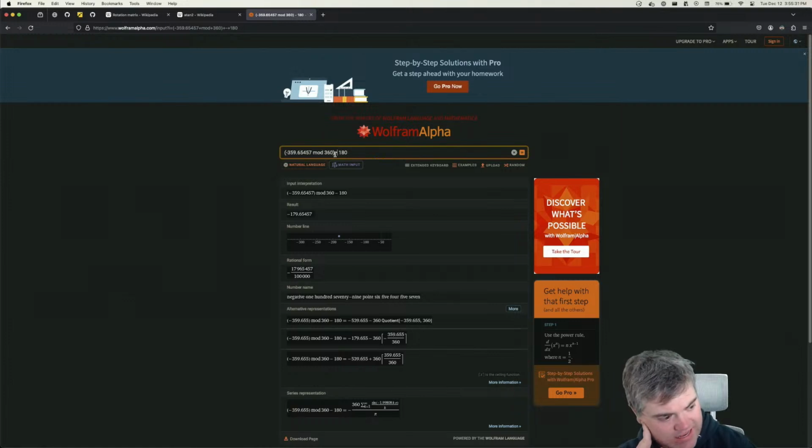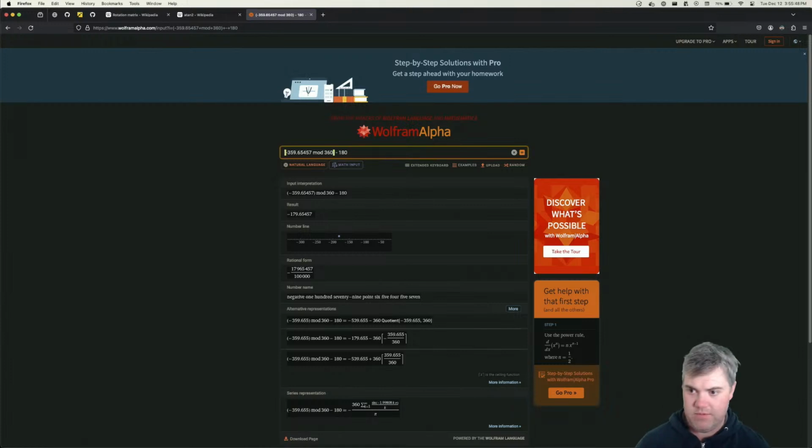Angle plus 180 mod 360. Is that just to get it to work, but I don't really need to do that in reality? Oh, that's weird. Why do we need a plus 180 there?